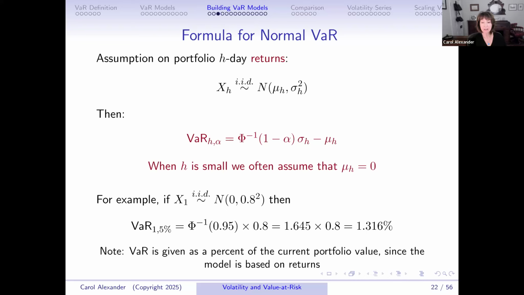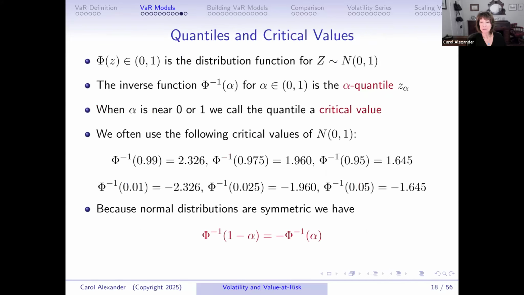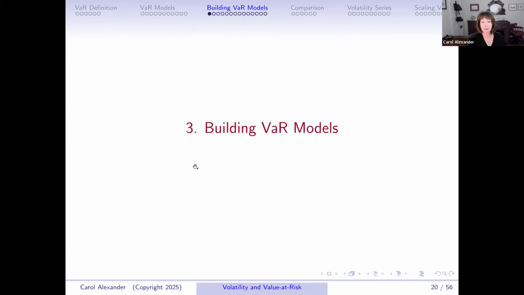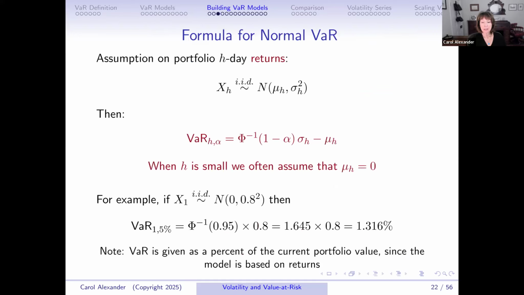That's the 5% VaR, for which we use 1.645. This is for the 2.5% VaR. This is for the 1% VaR. And so it's 0.8 scaled by 1.645, which is 1.316%. And because it's returns, we've got VaR as a percent of the current portfolio value.